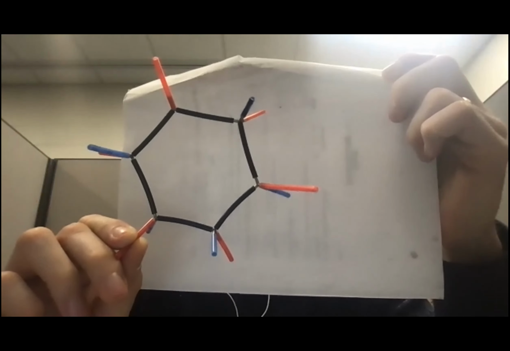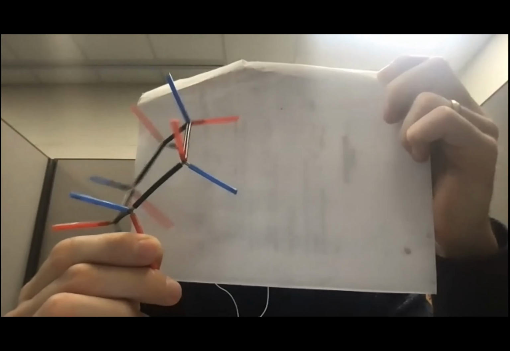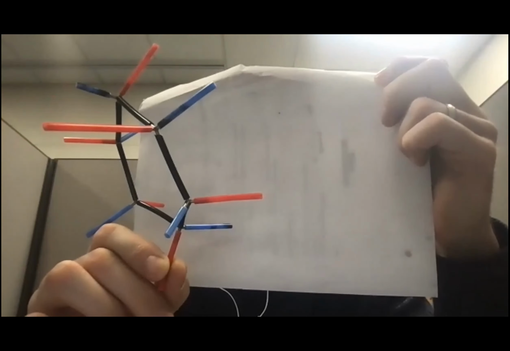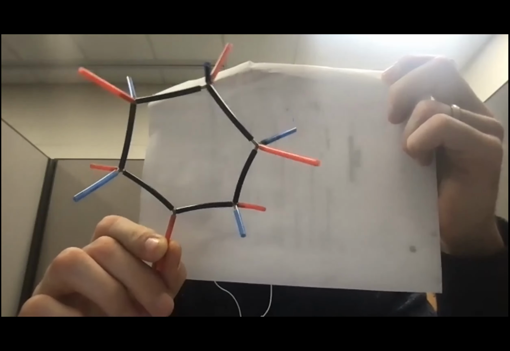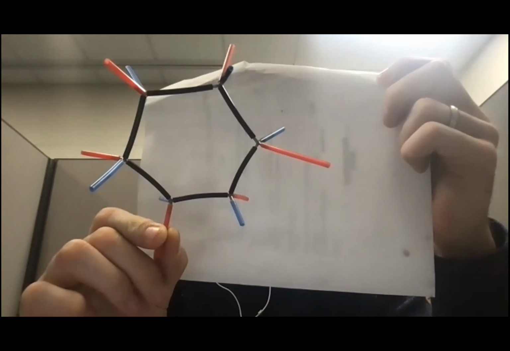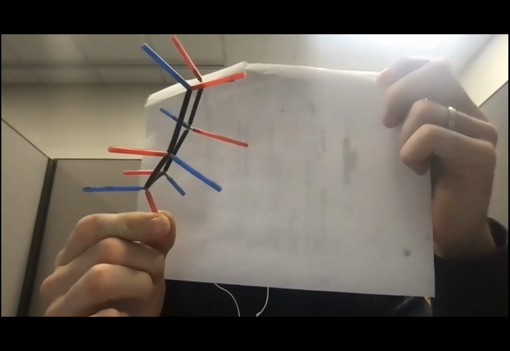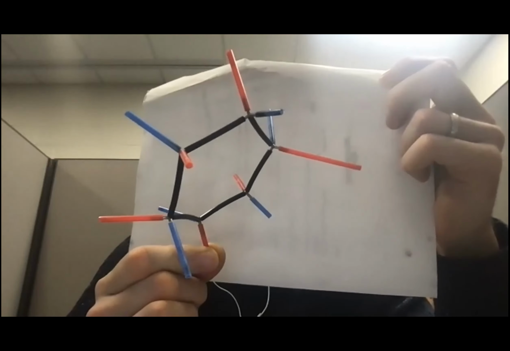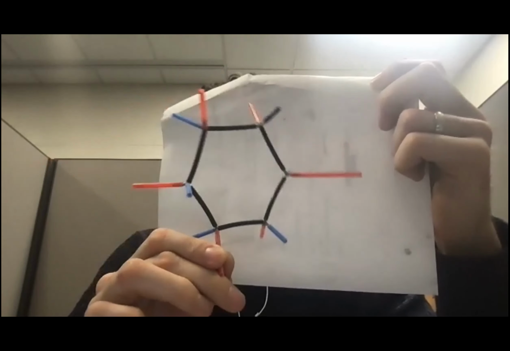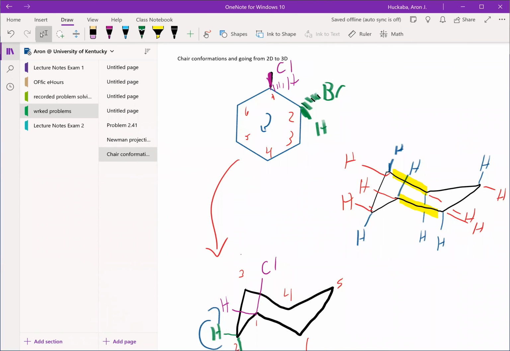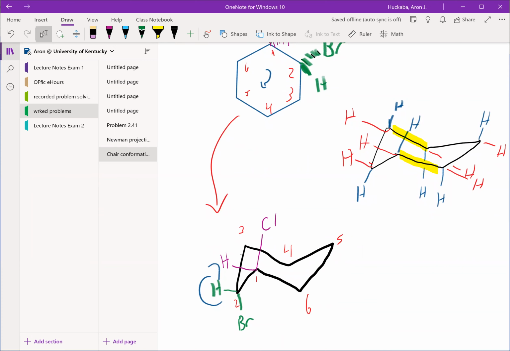All we see is that there are 2 substituents on each of these carbons, right?